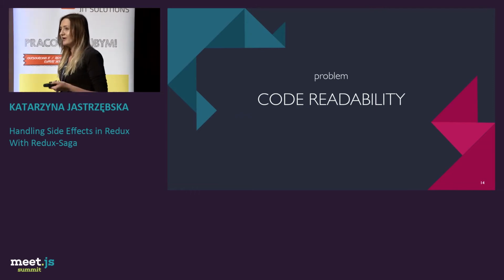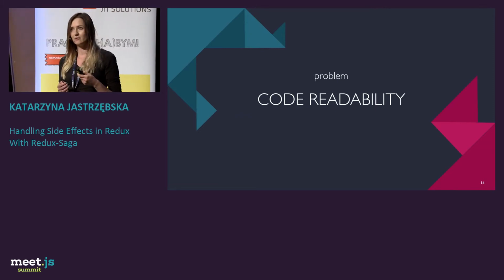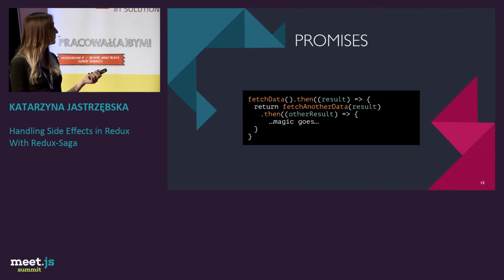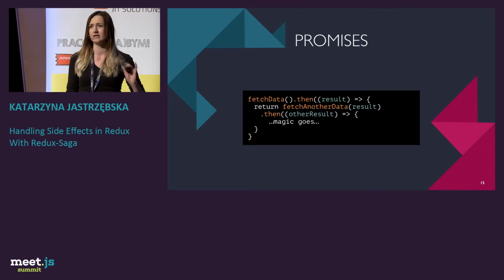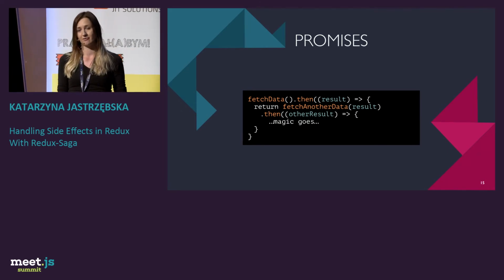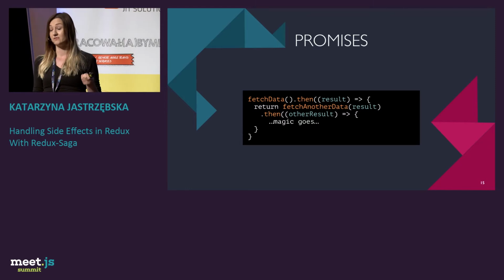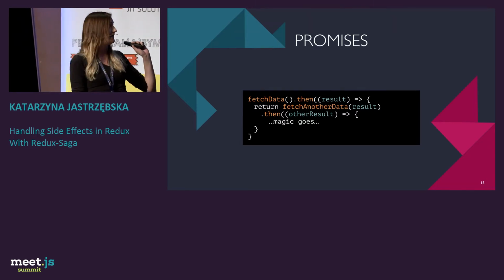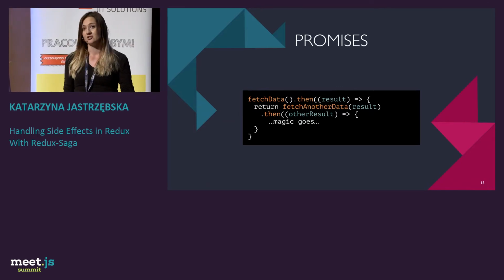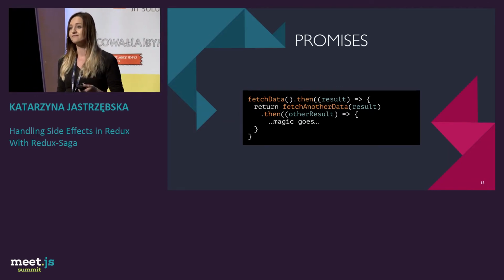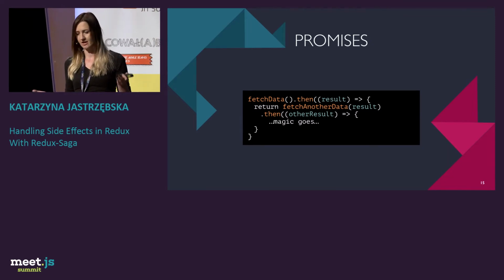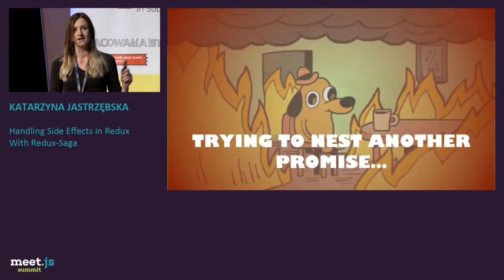Another really cool feature, and newer, are promises. And promises, as you probably noticed, are really cool. They introduced an API with many useful functions such as all, race, and you can easily catch the problems of promises. So where is the catch with promises?